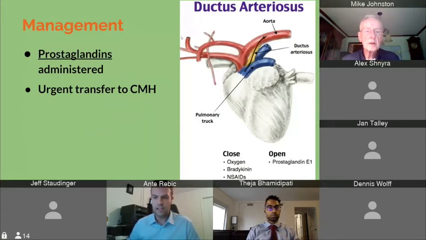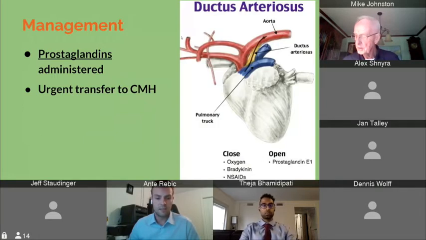But another thing is this patent ductus arteriosus. So the first thing is, when this was seen on the CT, the NICU team started prostaglandins. So what are prostaglandins? Well, they're just medication that will keep this ductus arteriosus open.